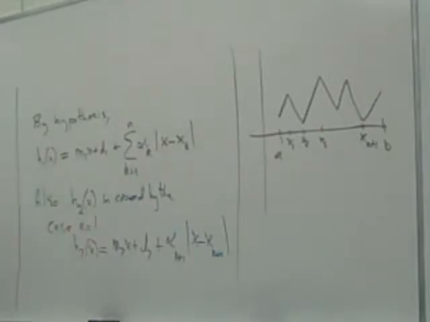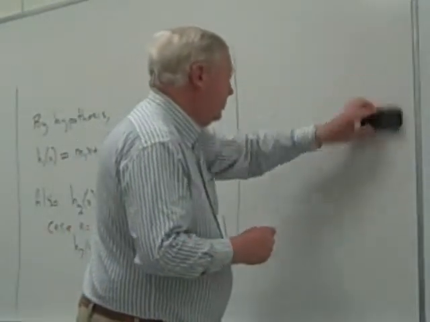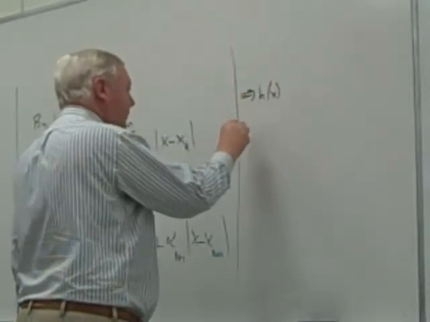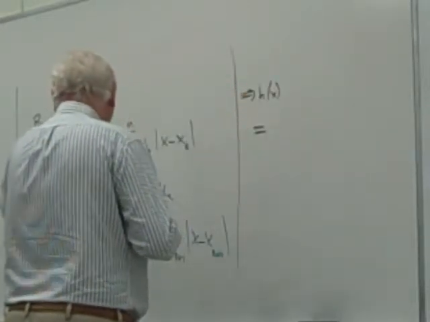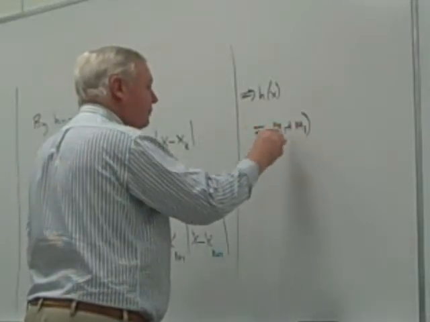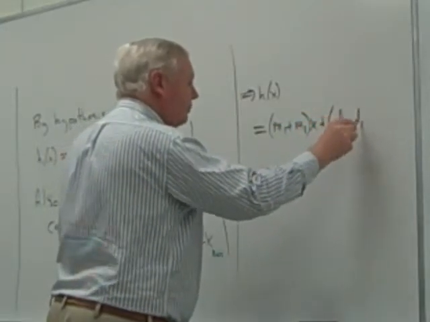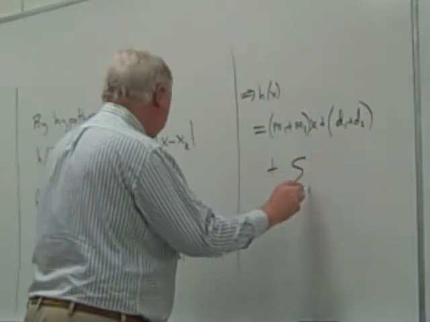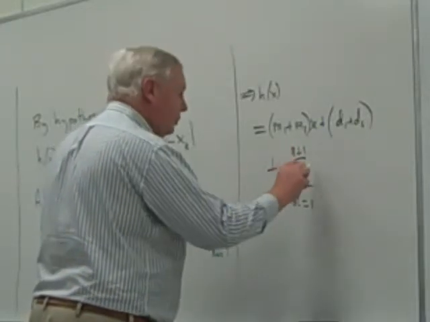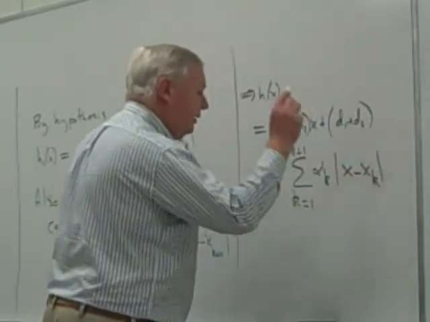Add them together, so this implies that h of x, the two linear pieces sum to a linear piece, and then we have a sum k equals 1 to n plus 1, alpha k, absolute value x minus xk.